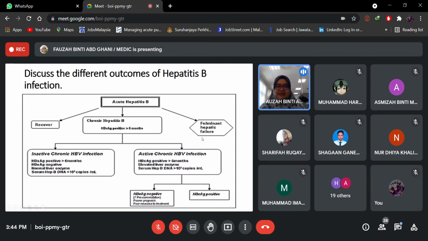You can get a fulminant infection leading to fulminant hepatic failure, and one can die because of this, or they can have the chronic form of hepatitis B, whether inactive chronic hepatitis B or active chronic hepatitis B. This will be detected based on the various serological markers I am sure you have been exposed to: hepatitis B surface antigen, hepatitis BE antigen, envelope antigen, or hepatitis B DNA, and various other markers.